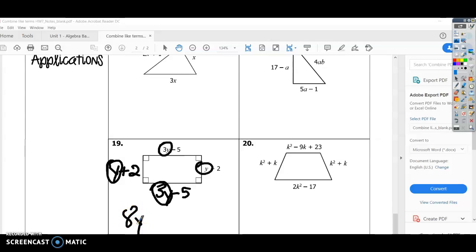I'm so sorry. If you combine all your y's, you've got 3y, 1y, 3y, and 1y. So 3, 4, 5, 6, 7, 8 y's there. All right, and then we have a negative 5 and a negative 5. That's negative 10. Negative 10 plus the 2 on both sides, which is 4. Negative 10 plus 4, negative 6.